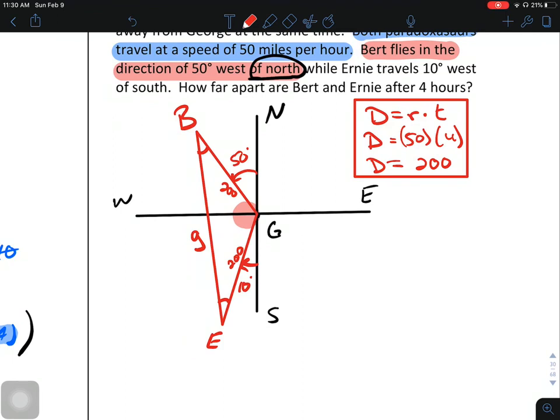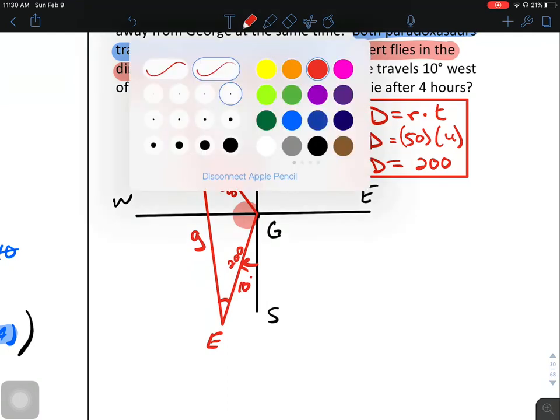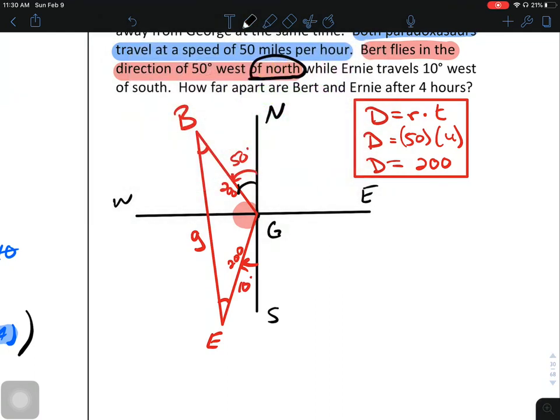Well, I think you'll recognize that if we take 50 plus this angle we're missing, plus 10, those added together should be 180 because it makes a straight angle. So the measure of angle BGE plus 50 degrees plus 10 degrees, that should be 180.